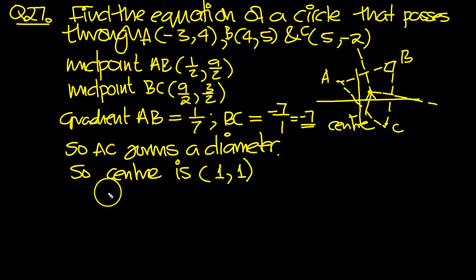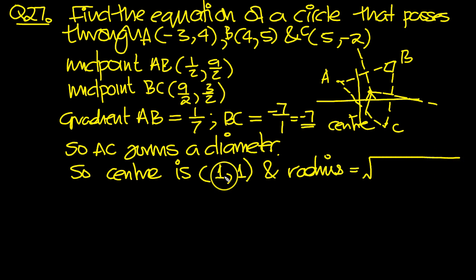Now we can work out the radius. The radius is equal to the square root of, from (1, 1) up to any of these points. Let's go to C. The 1 to 5 is 4, so that'll be 4 squared. And the 1 to -2 is a vertical distance of 3 units, so that'd be 3 squared. So 4 squared plus 3 squared is 25. Root 25 is 5.